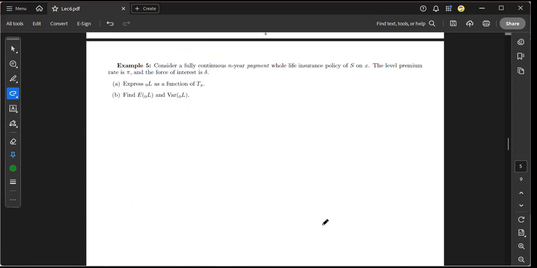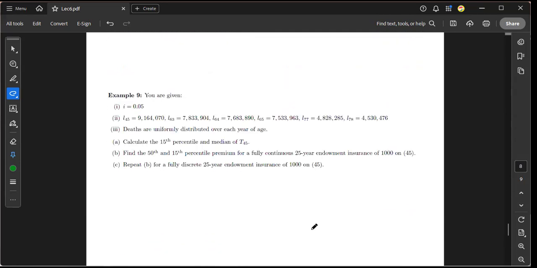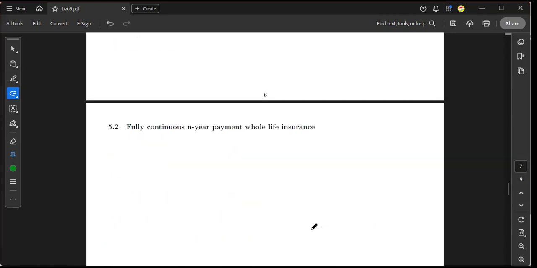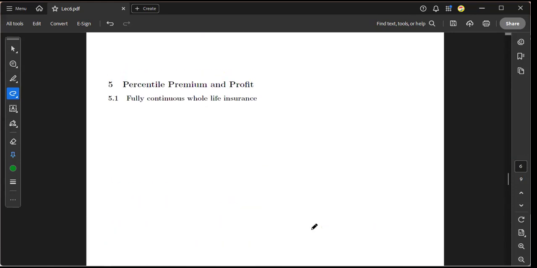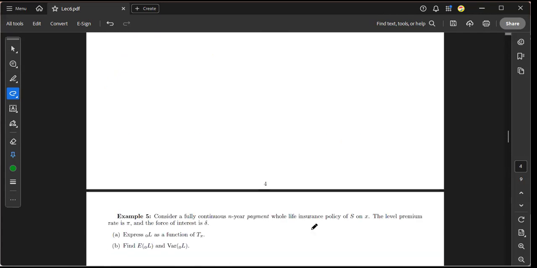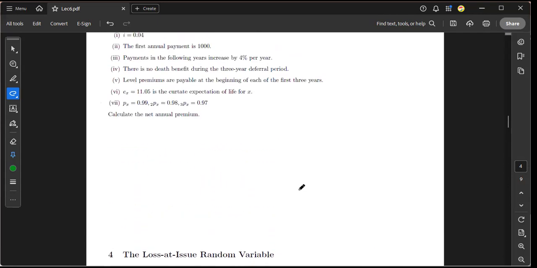Though we have a few more topics to come under the actuarial present values of the future different kinds of premiums and the loss at issue random variables, these topics will not be discussed under this course.